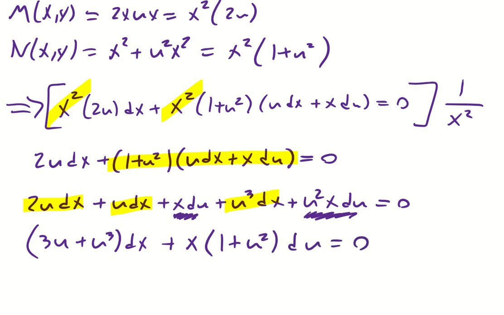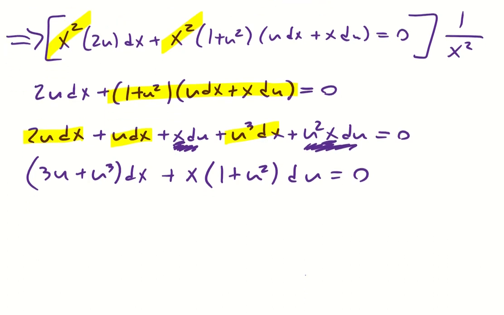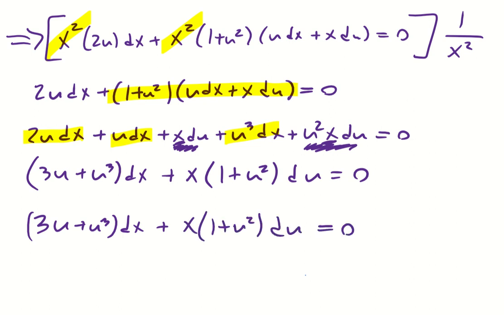Okay, so I just factored out that x, because this has an x, this has an x. So we'll factor out the x, it'll just be 1 plus u squared. And now if you look, we can separate our variables. So let's divide everything. I'm just going to rewrite this. So I'll say 3u plus u cubed dx plus x times the quantity 1 plus u squared du is equal to 0.